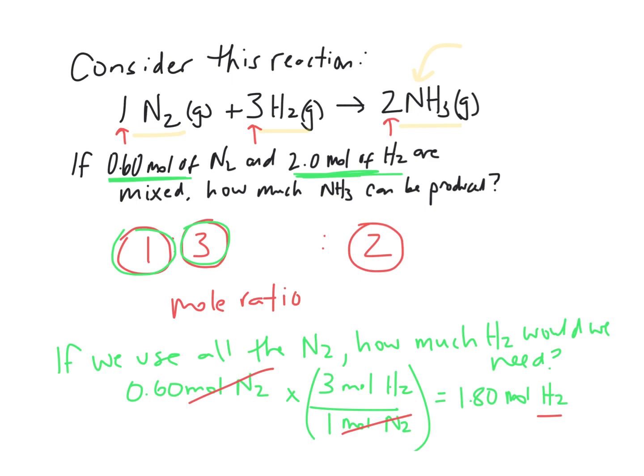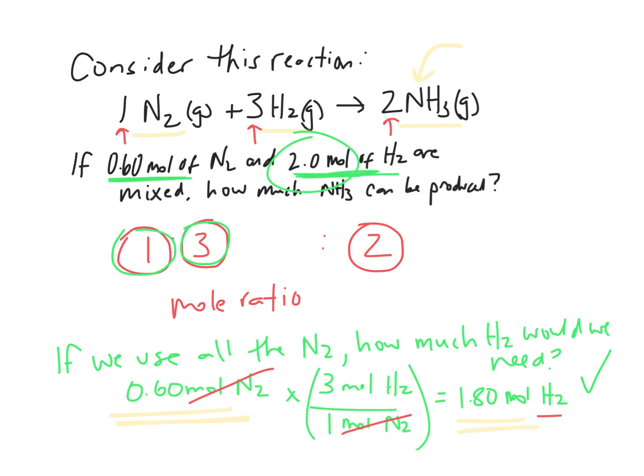So what does it mean that we would need 1.8 moles of H2? Do we have enough H2 present in the reaction vessel to make this happen? And the answer is yes, we do. We have 2 moles of H2 present. So what would happen is all of this 0.6 moles would fully react, and it would use that much H2.